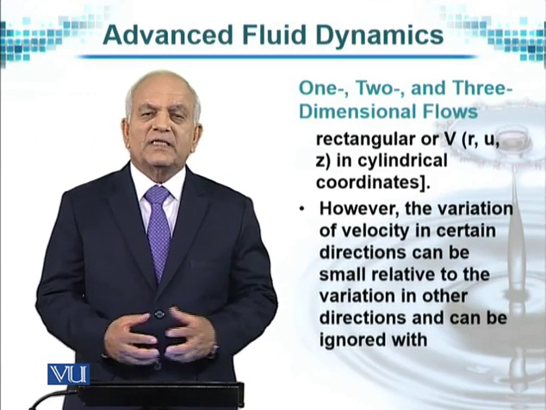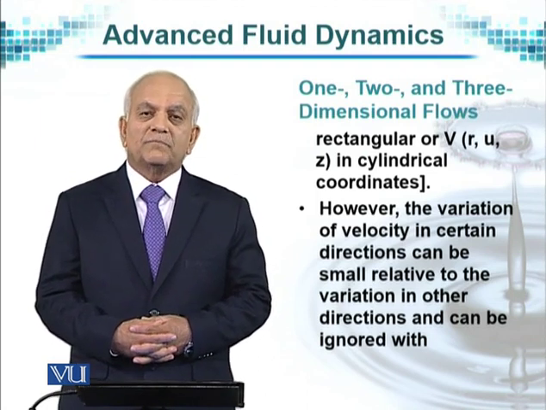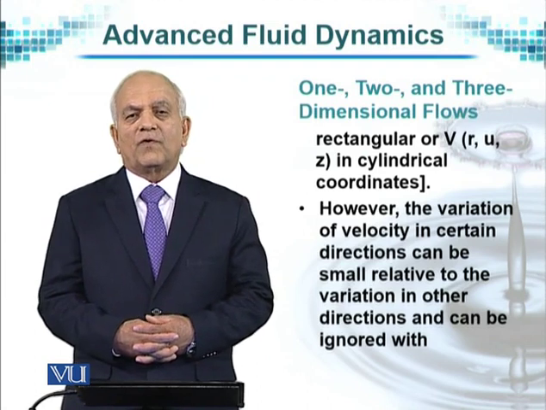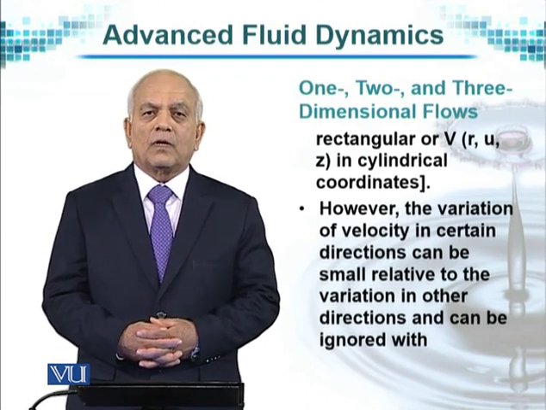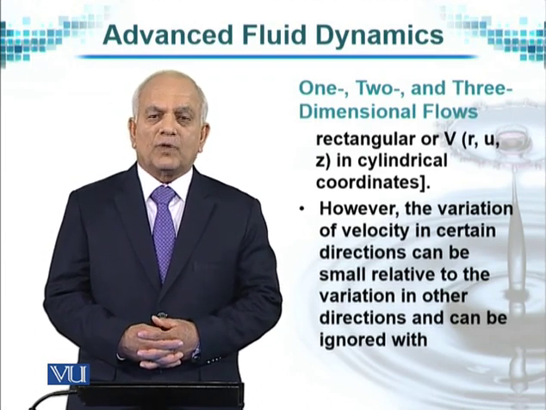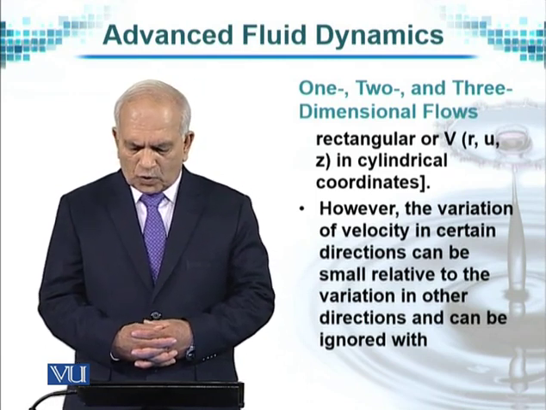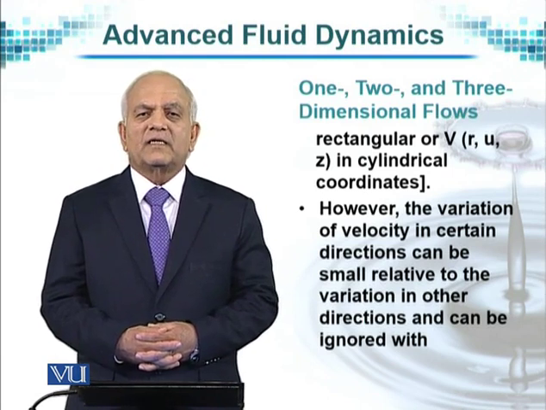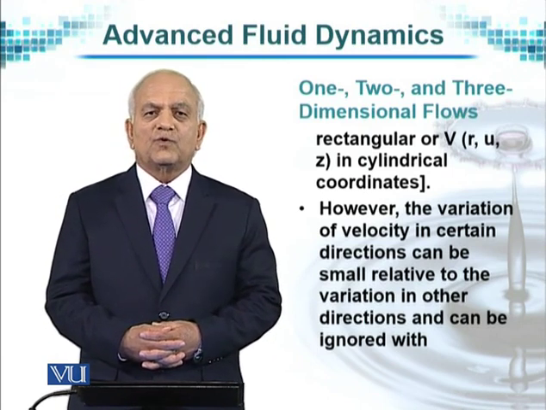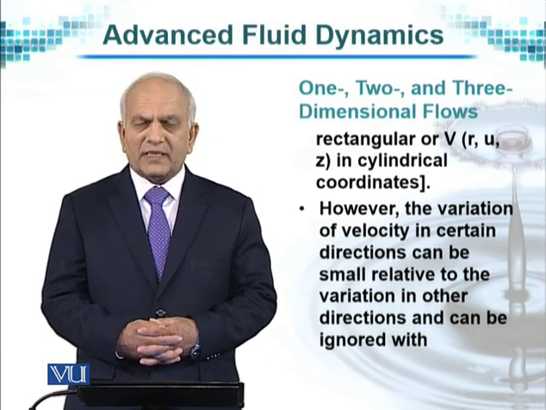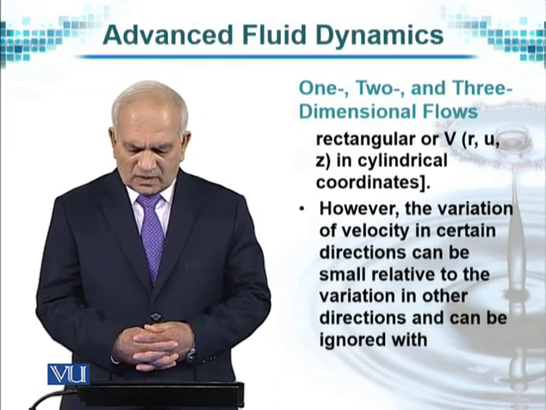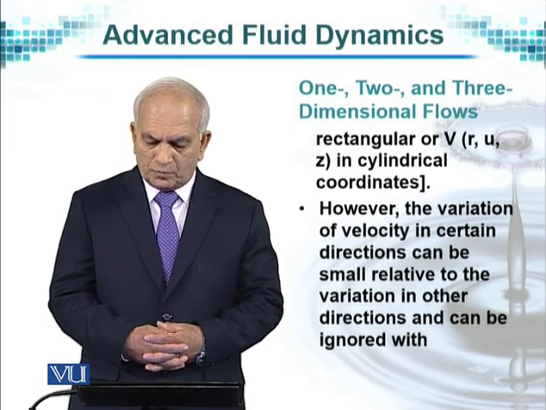Then the geometry is cylindrical, and it is more convenient and easier to solve the fluid flow situation in cylindrical polar coordinates. The rectangular coordinates are x, y, z, as you know, and cylindrical are r, θ, and z, or similar terminology that we use.